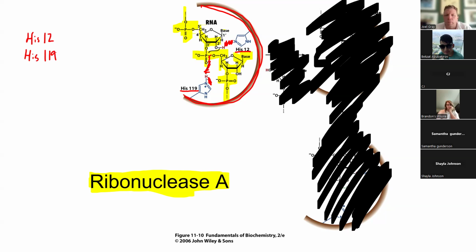Now, I'd like one person to either add to the chat or speak up and volunteer. What do you notice about the structures of those two amino acids that make them different from one another? And we're thinking about this in the context of acid-base catalysis. Can anyone notice anything about those two amino acids?